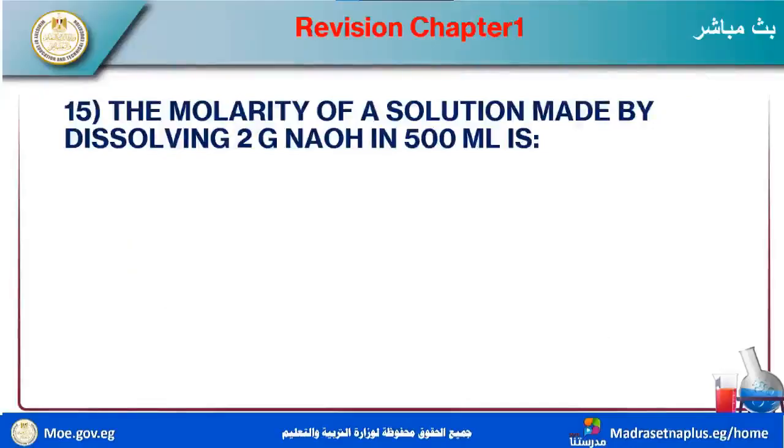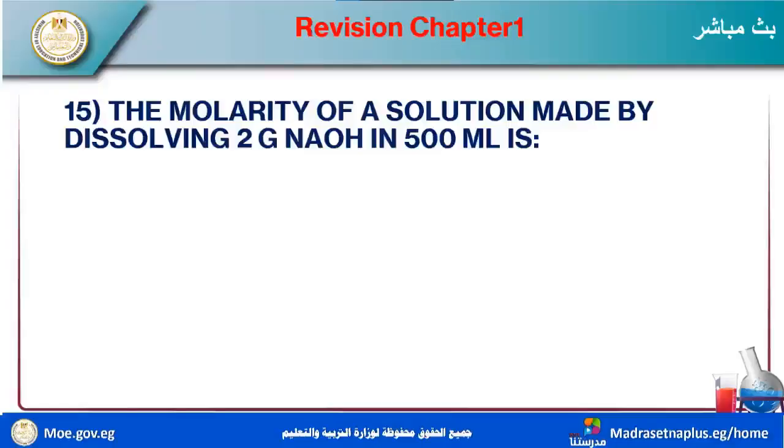The molarity of a solution made by dissolving 2 gram NaOH in 500 milliliters. Now we discuss the concentration. Concentration is the number of moles divided by the volume in liters.